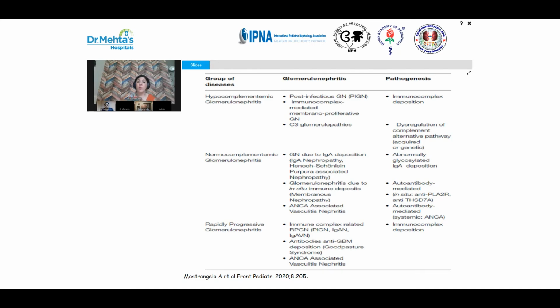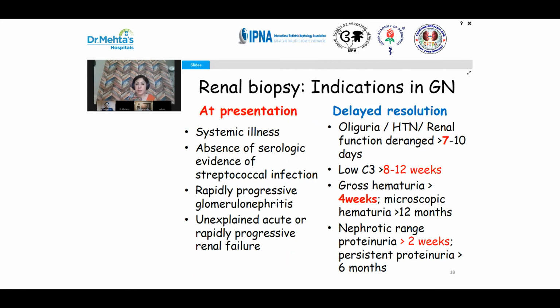So what are the indications of renal biopsy? At presentation, if there are features of systemic illness in the form of fever, joint pain, skin rash, then definitely it is an indication for biopsy.